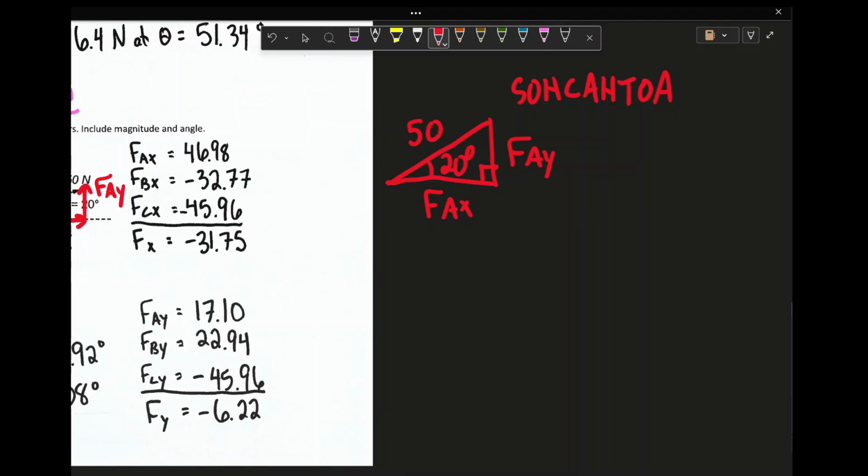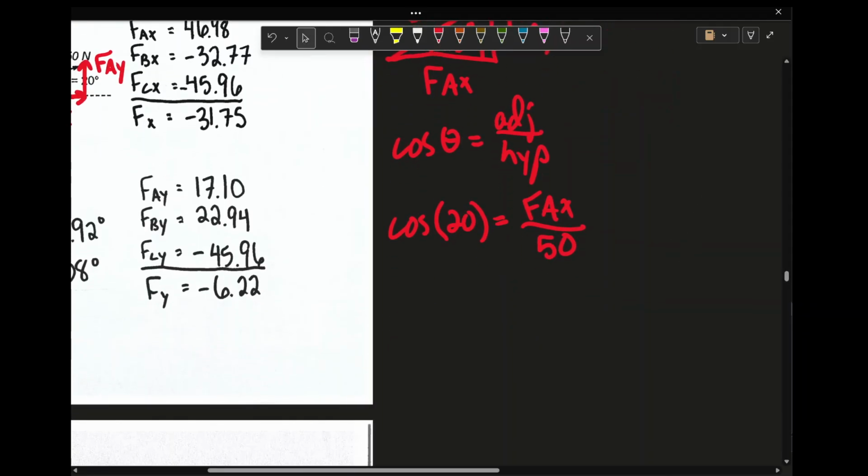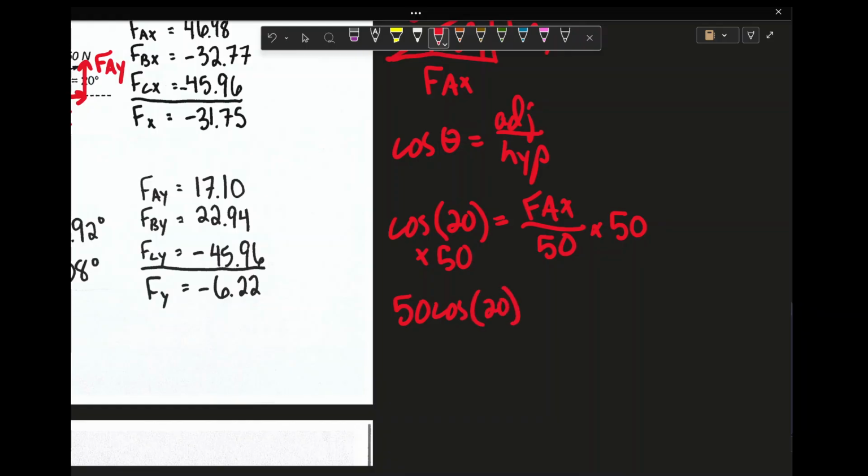That is the adjacent side of this triangle, so we're going to use cosine. Cosine of theta is adjacent over hypotenuse, so cosine of 20 degrees is FAX over the hypotenuse, which is 50. I would recommend multiplying by 50 on both sides. You get 50 cosine 20 equals FAX.